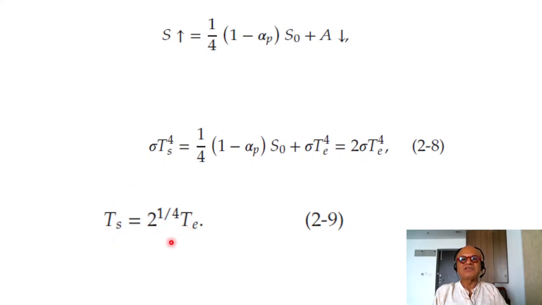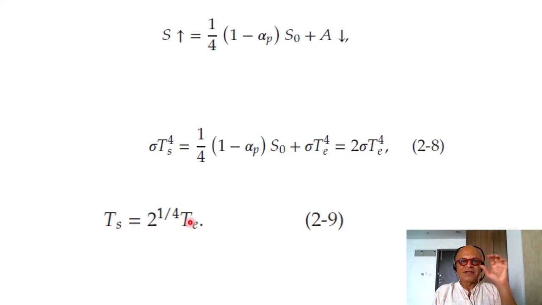This is a critical result because this says if there is a greenhouse layer, then the surface temperature warms compared to the emission temperature. When we had no layer, the surface temperature was the emission temperature of 255 Kelvin, which is too cold, we know that.